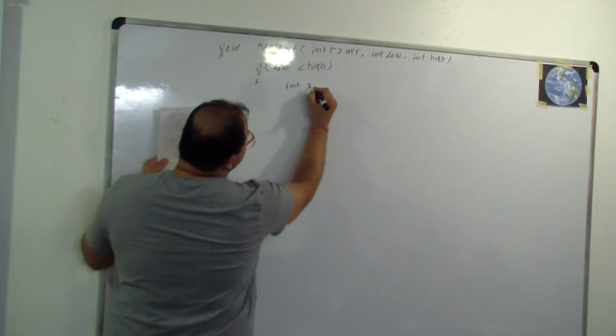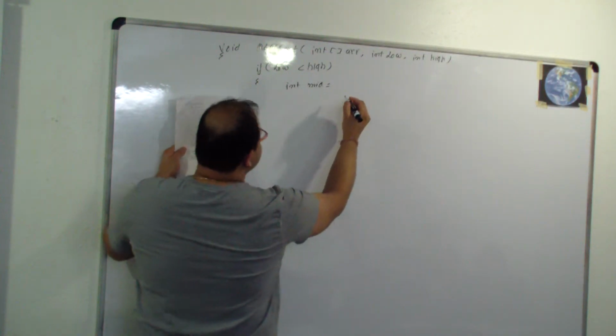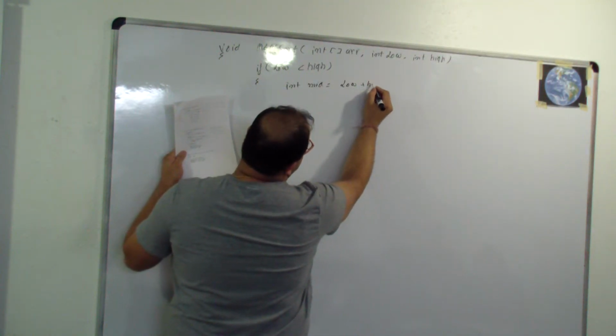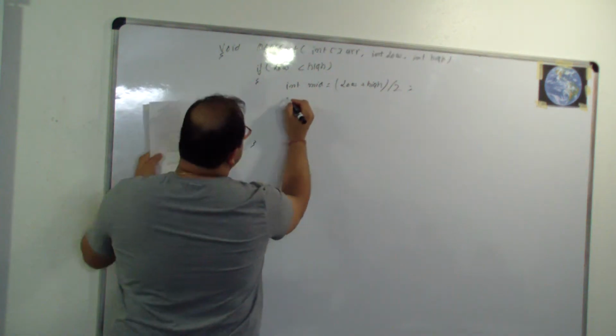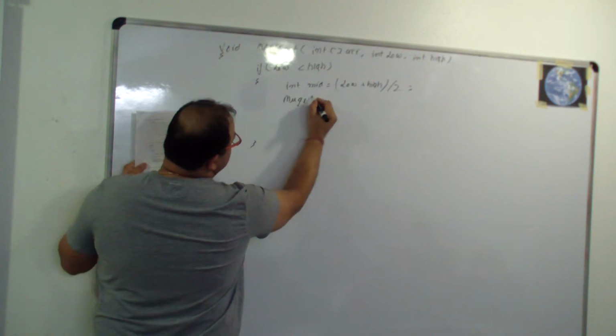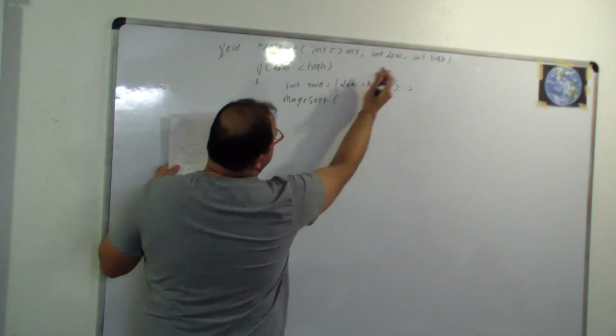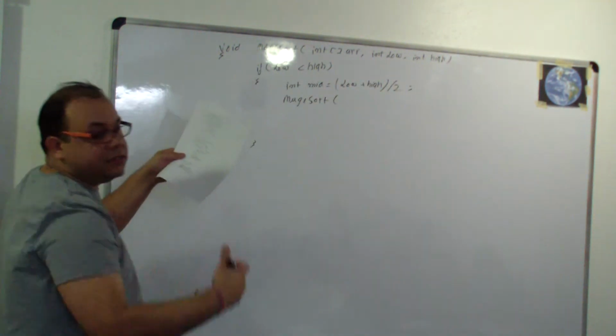Integer mid is equal to (low plus high) divided by 2, and then we'll call merge sort recursively for the first half and then the mid and high.